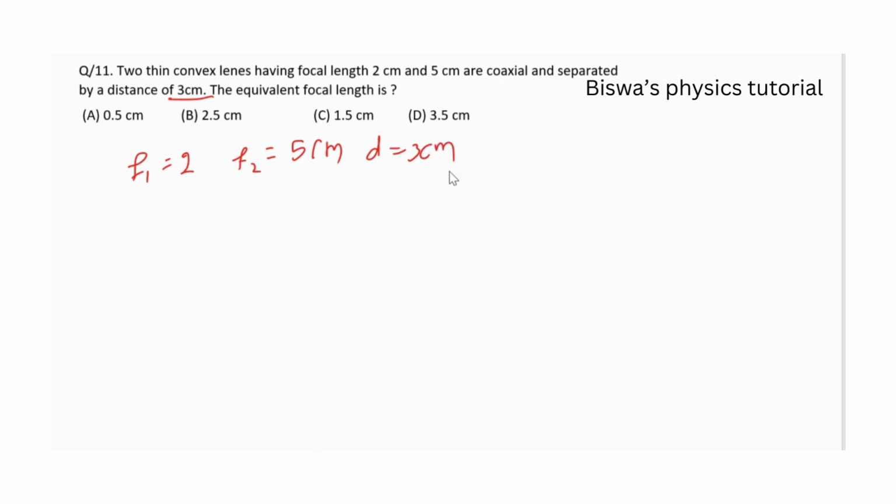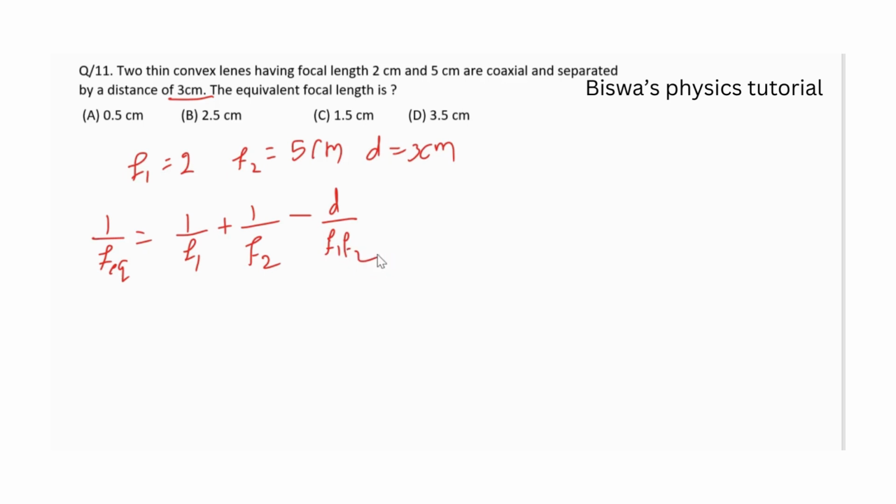For the equivalent focal length, we have the formula 1 by f equivalent is equal to 1 by f1 plus 1 by f2 minus d divided by f1 into f2.